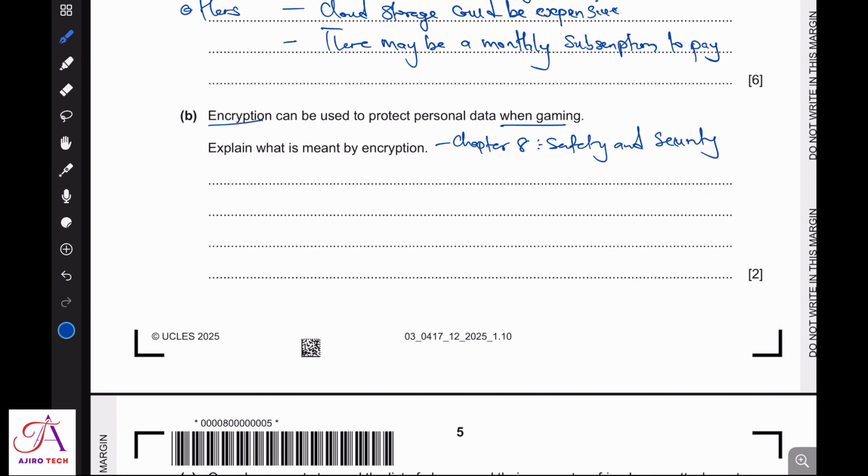So let's look at it together. How do we protect our data? We protect our data using encryption. The first thing that comes to mind is to protect data, just in case your data has been hacked or your laptop has been hacked.